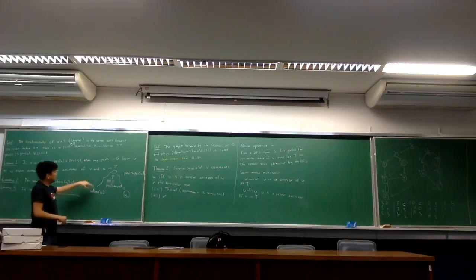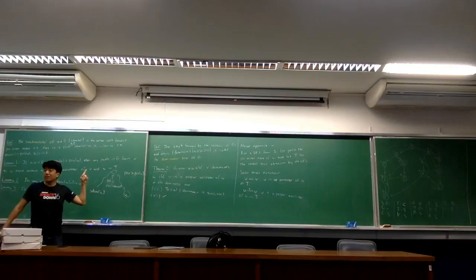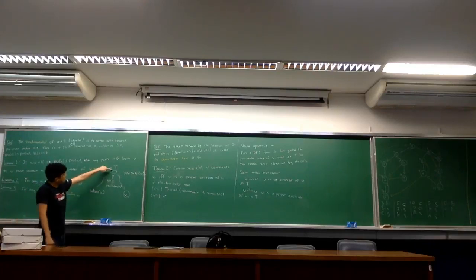There is a common ancestor of the semi-dominator and W in the DFS tree, and the ancestor has to have a lower preorder index than these two, because the DFS tree reaches this guy first.